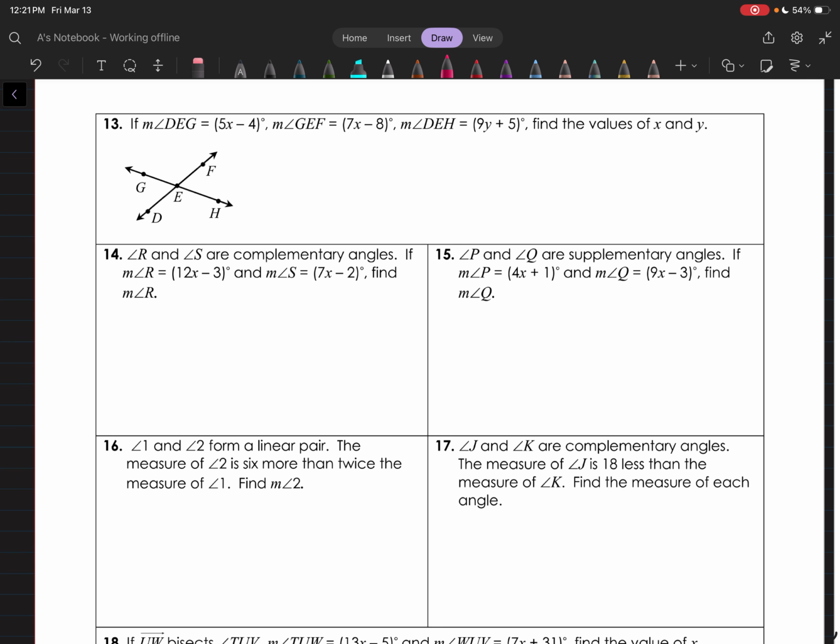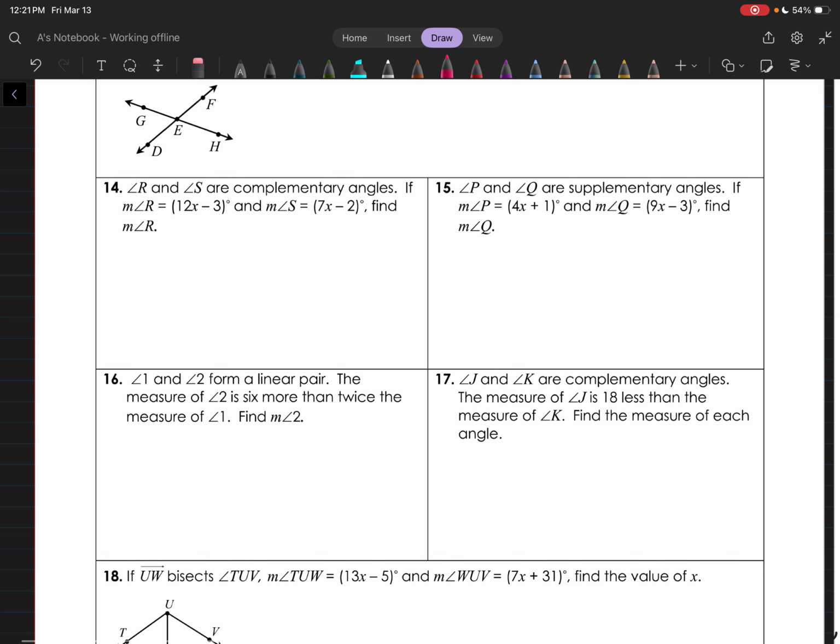Let's look at number 17. Actually, let's do number 14 and 16. I'll let you do 15 and 17.